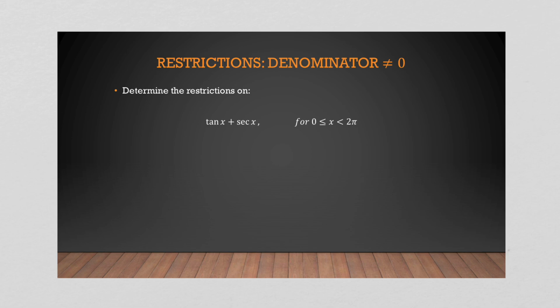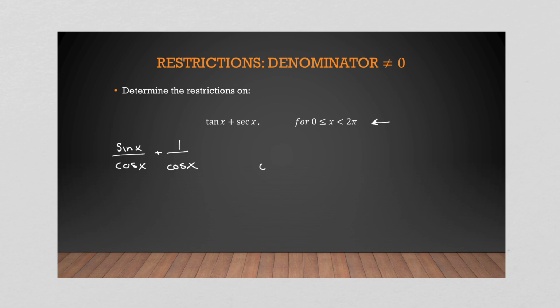So, last one. Determine the restrictions on tan x plus secant x for the domain of one full rotation, 0 to 2 pi. Now, what are restrictions? Well, restrictions occur when our denominators are 0. And in this case, we don't have denominators. But guess what we do? Because tan is sine x over cos x, and secant is 1 over cos x. So in this case, the only denominator we need to concern ourselves with is cos x.